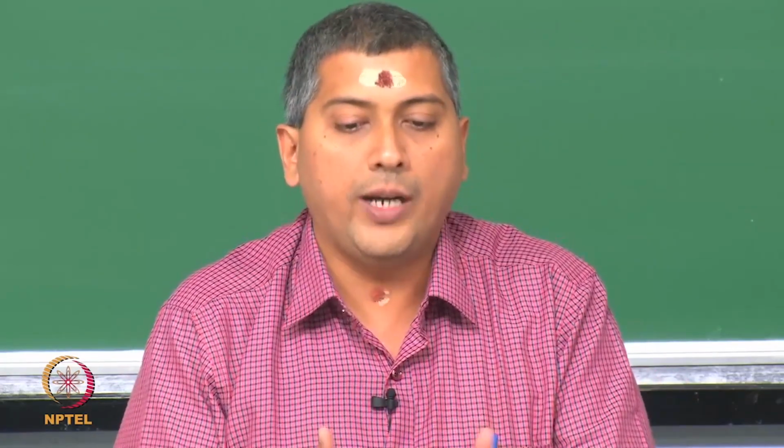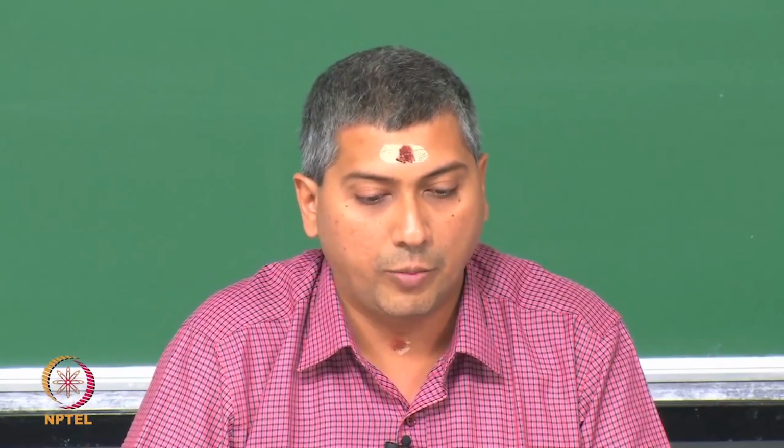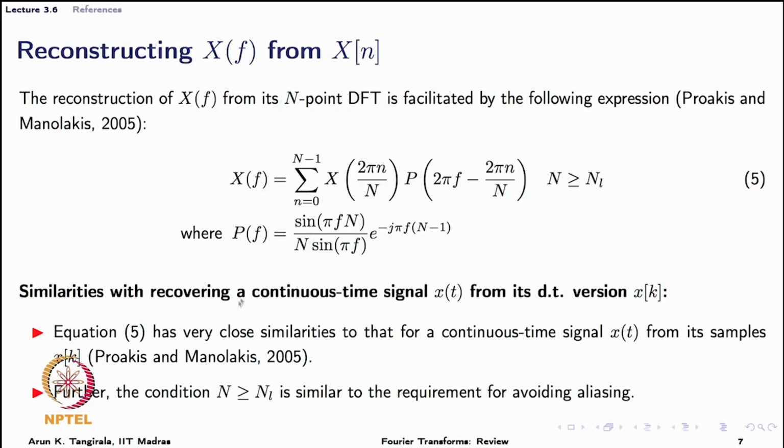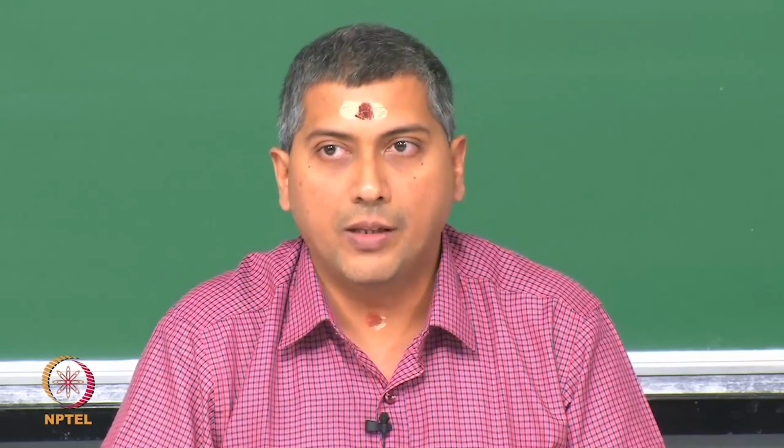The reason for pointing out the similarities is that there are a lot of similarities and dualities between time and frequency domains. So the other condition that is required, one more point of similarity, is that the number of points that you choose on the frequency axis or frequency grid should be greater than or equal to the number of observations that you have.